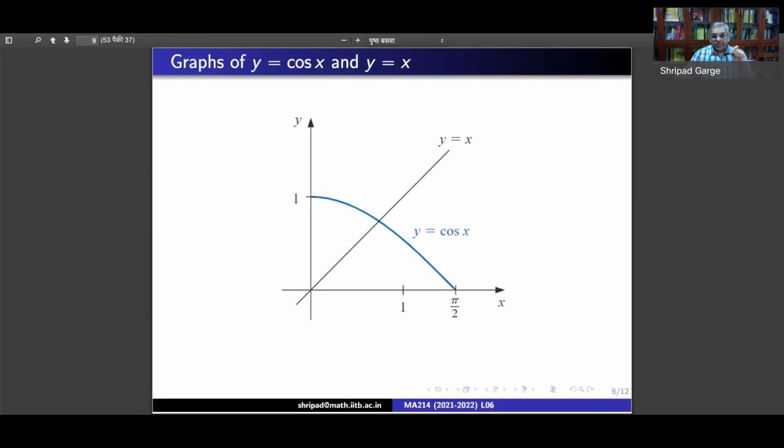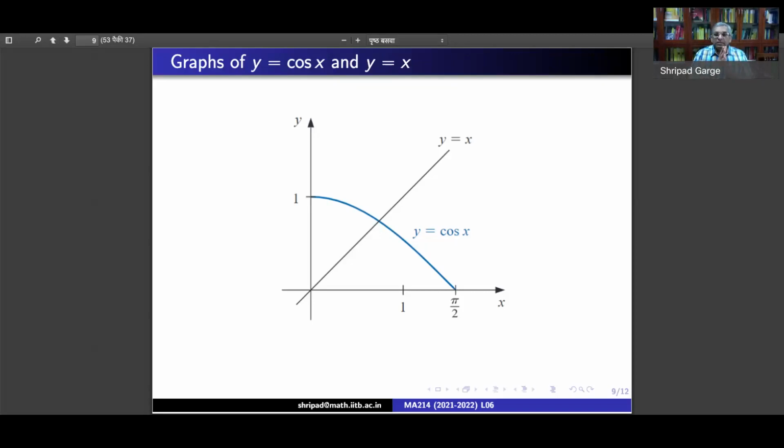y equal to cos x, which is this function. It will start from 0, where the value of cos x is 1, and then at pi by 2, the value of cos x is 0, and then it will go down below the x-axis. Whereas y equal to x cuts this somewhere between 0 and 1. And if you look at the picture very carefully, if you take pi by 4, which would be slightly ahead of the fixed point, that would be a good approximation.